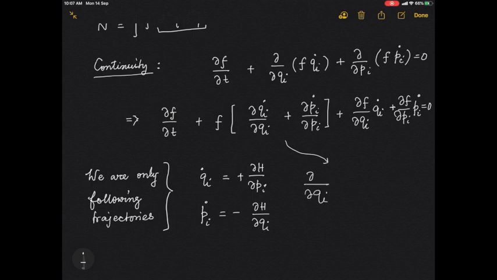If I do that, then what happens to this term? Well, I have del qi here. Qi dot is del h del pi, so I have just del 2h, and I have del qi in the denominator also. And then I have pi dot is given by this, so I get a minus sign del 2h del pi del qi.